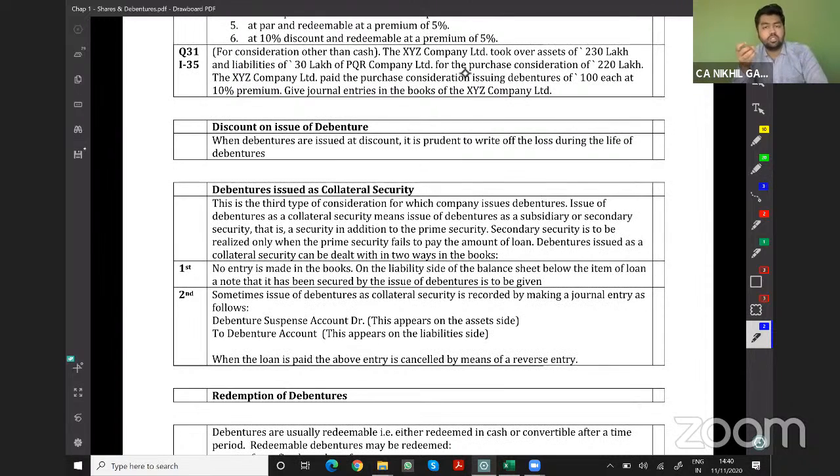Discount on issue of debentures. We will jump to discount on issue of debentures now. When debentures are issued at a discount, it is prudent to write off the discount during the life of the tenure.